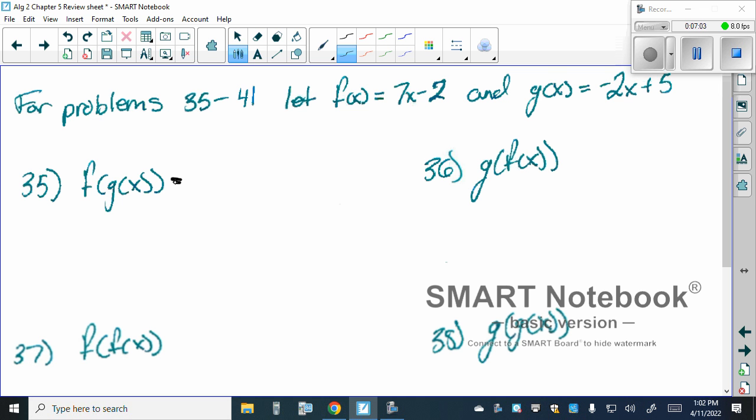step at a time. So when we look at this here, the first part of the function we're going to look at is g of x. And g of x for us is negative 2x plus 5. So we'll replace g of x with its function. So we'll have f of negative 2x plus 5.